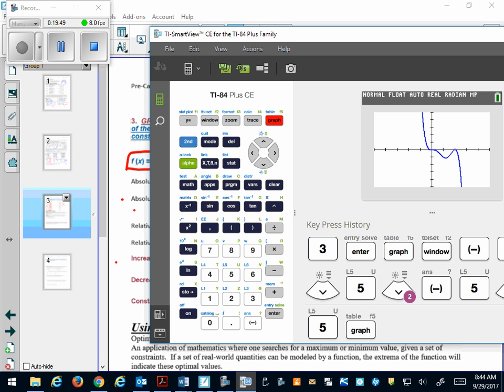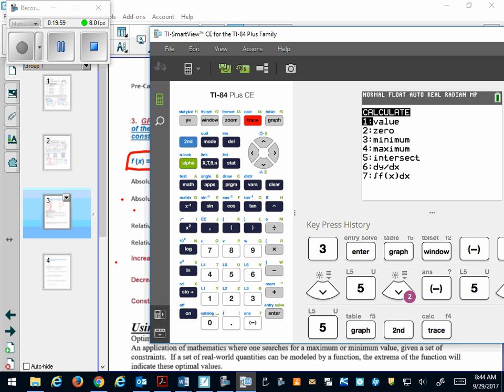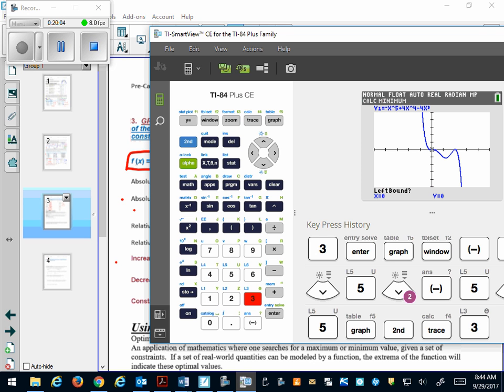So we can see it a little bit closer now. And so then when we do our left bound, right bound kind of thing, we can see a little better. So let's do second trace, and let's do a minimum first. And left bound, yes.